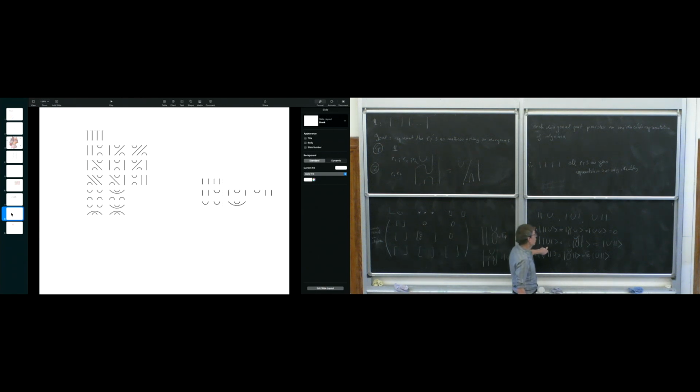The second element is sent to the third with a 1, and the third element is sent to itself with a square root of Q. Okay, so unless I made a mistake, this is the action of E1 in this space, and then it could also give states down below, but I want to restrict to this. So for each word in the algebra, I can, in each subspace, write a certain matrix, and the point is that these matrices give me an irreducible representation of the algebra.